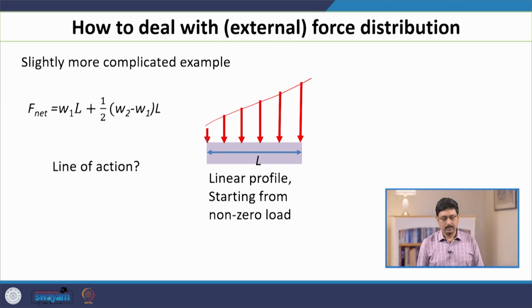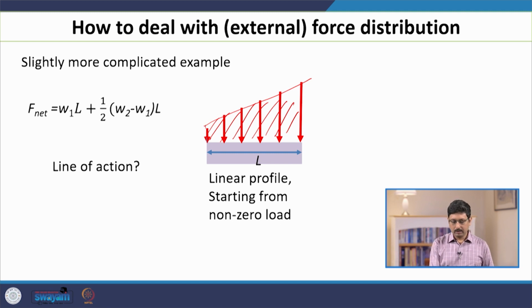Again, if we want to compute the total force, we can use this geometrical strategy: the total force must be the area, because these arrows are load per unit length, times the total length, and that will give you the total force.